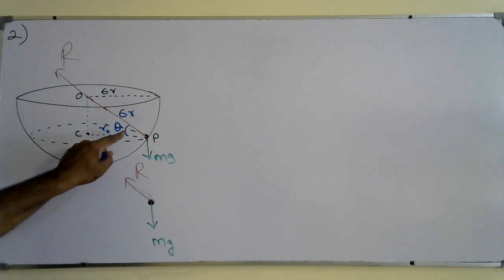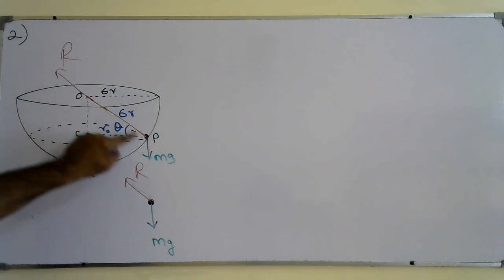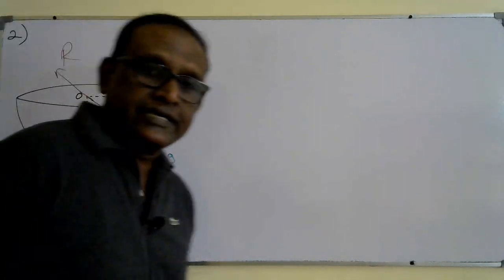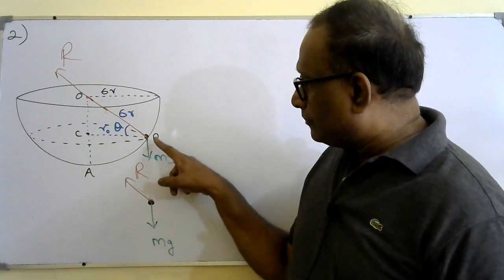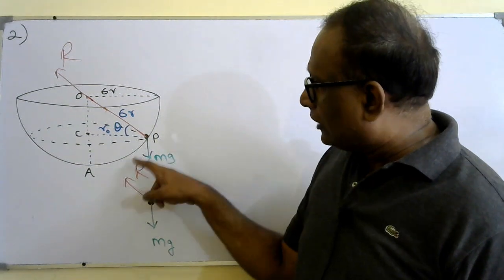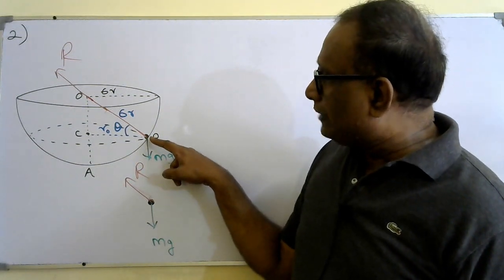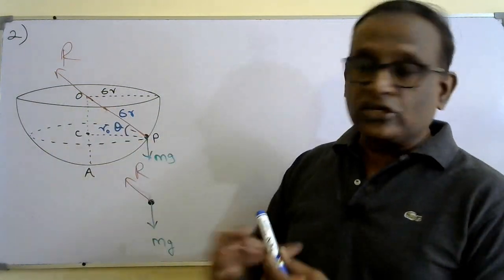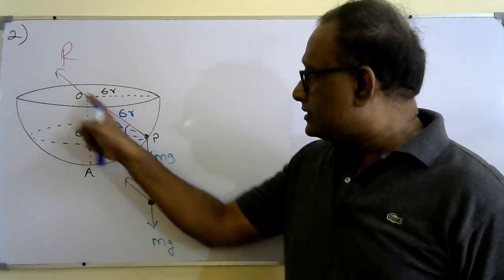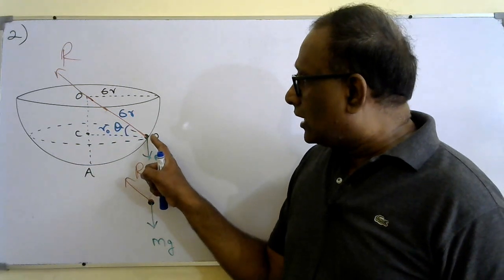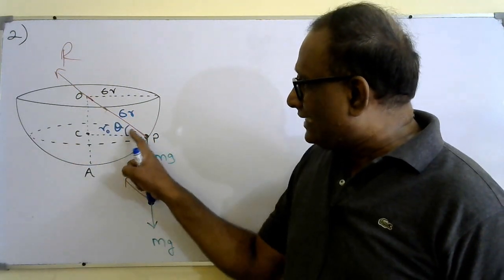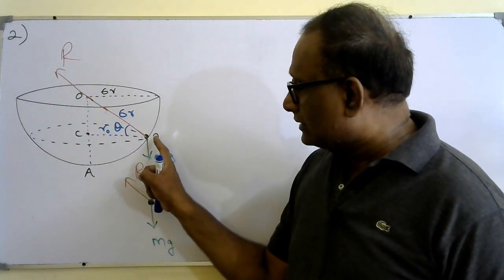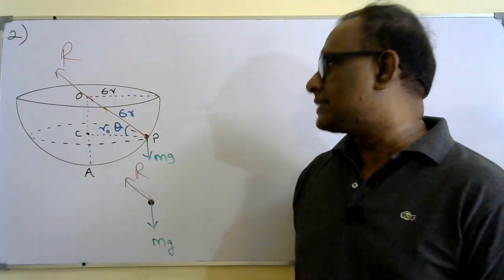So the line from P to O is the line of action of the normal reaction, because the normal reaction passes through the center, being perpendicular to the tangent. But we know that the line PO is the radius because it's drawn from the circumference to the center of the hemisphere, so that is also R. The line PO makes an angle theta with the horizontal that connects P and the center of the circular path.